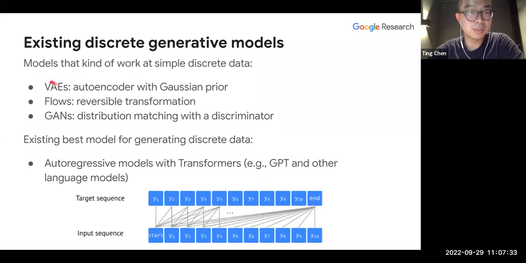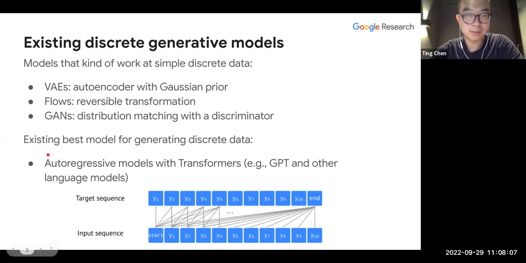Examples include the variational autoencoder, basically an autoencoder with a Gaussian prior, and the flow-based model where you define a reversible transformation, so you can map the noise from some prior distribution to the data, and GANs, which is basically a distribution matching mechanism with a discriminator. With more complicated data, they don't tend to work very well, at least at the current stage.